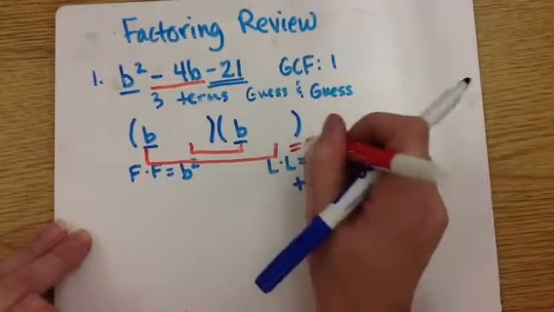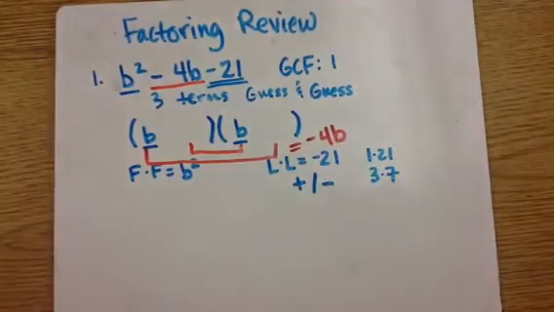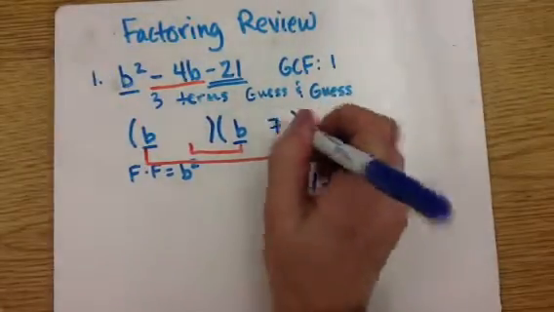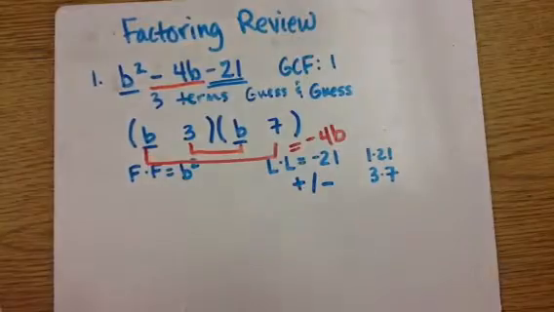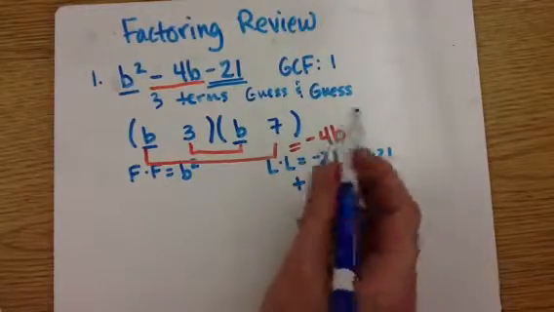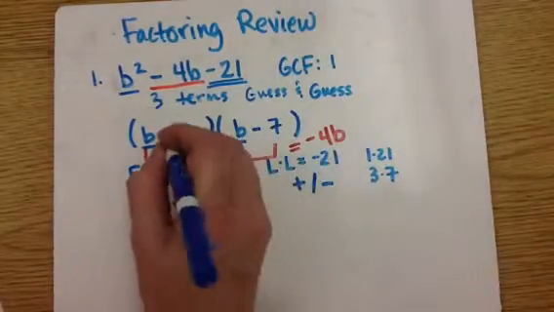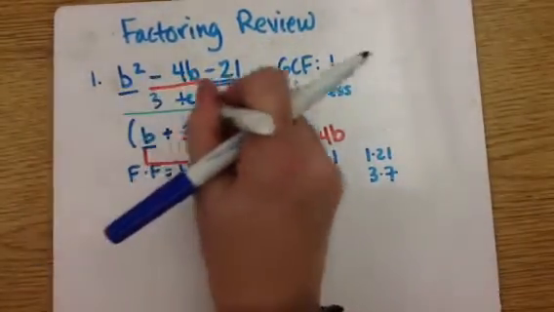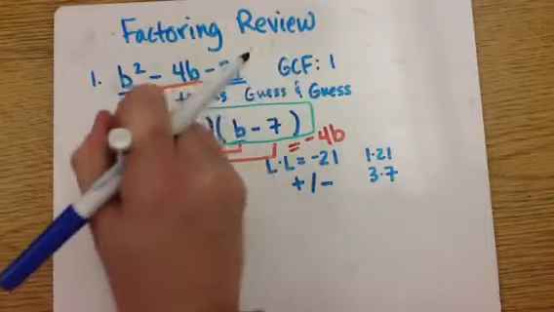Those need to add up to equal negative 4b. So I can quickly tell that 3 and 7 is going to do the trick. And in order to get a negative 4b, I'm going to need my 7 to be negative and my 3 to be positive. So this will factor into b plus 3 times b minus 7.